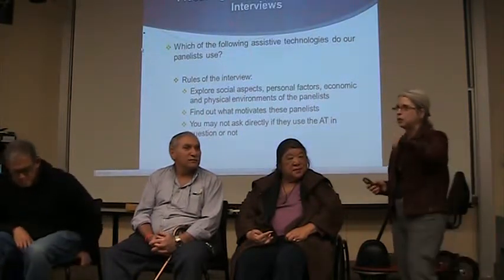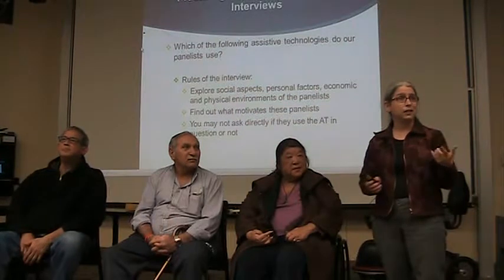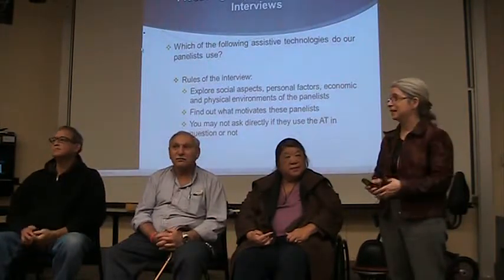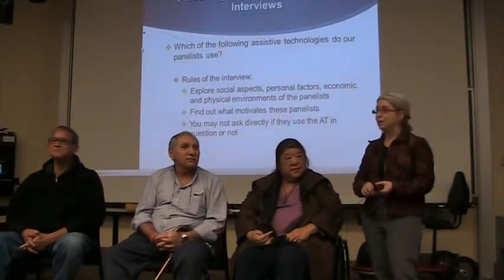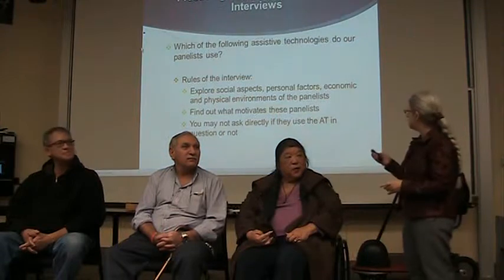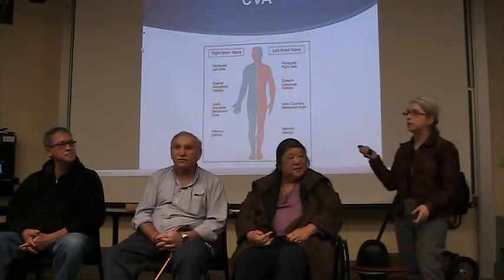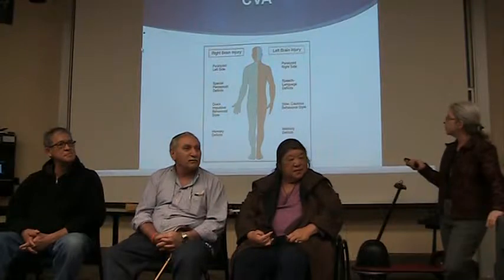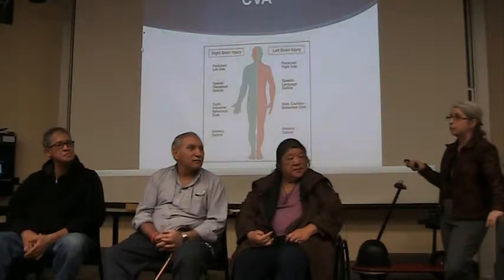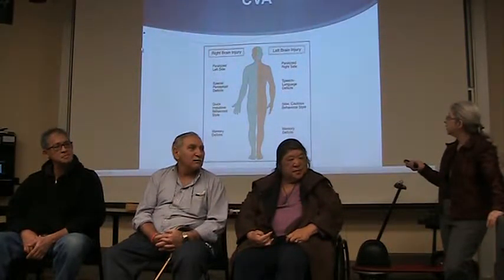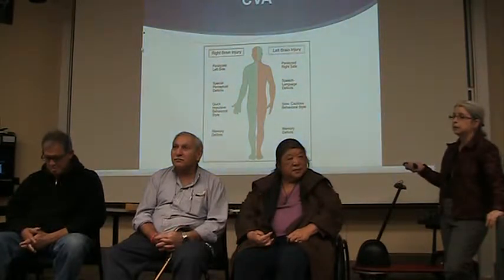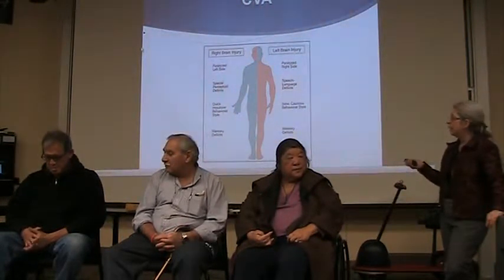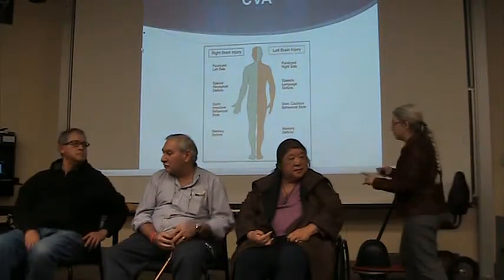So this is why I wanted you guys to come forward, because I wanted you to be able to ask these guys questions and find out about these people. These are really interesting people with really great varied life experiences. I do want to tell you they've had a CVA, which is either a blood clot or a bleed, paralyzing half of their body. So right brain injury, left side paralysis, left brain injury, right side paralysis, with other problems, cognitive and speech, that have effects from this.